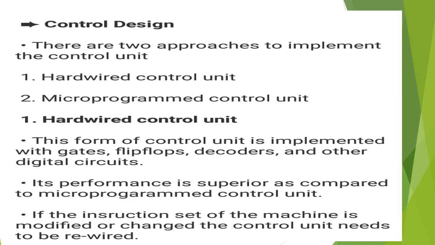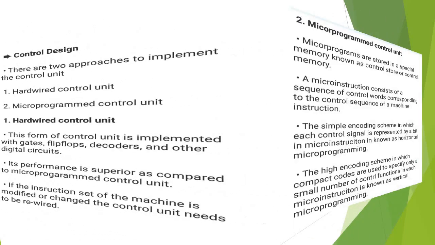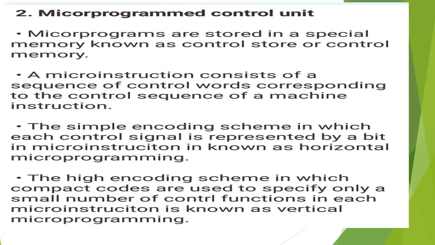Its performance is superior as compared to the microprogram control unit. If the instruction set of the machine is modified or changed, the control unit needs to be rewired. Now let's move towards the second point of control unit, that is microprogram.